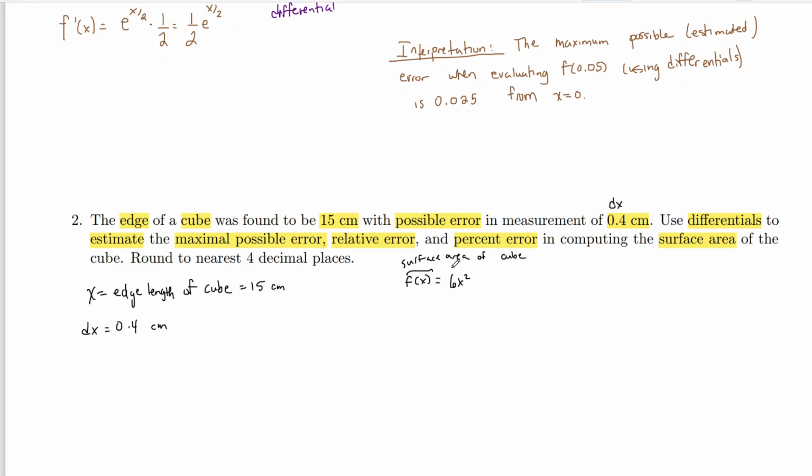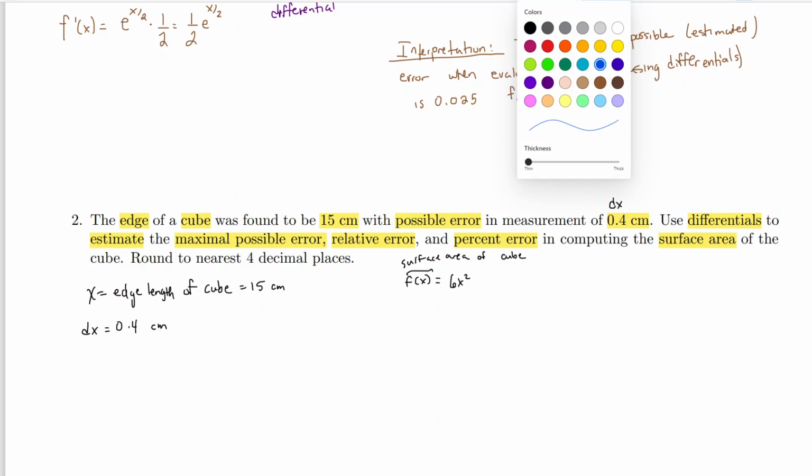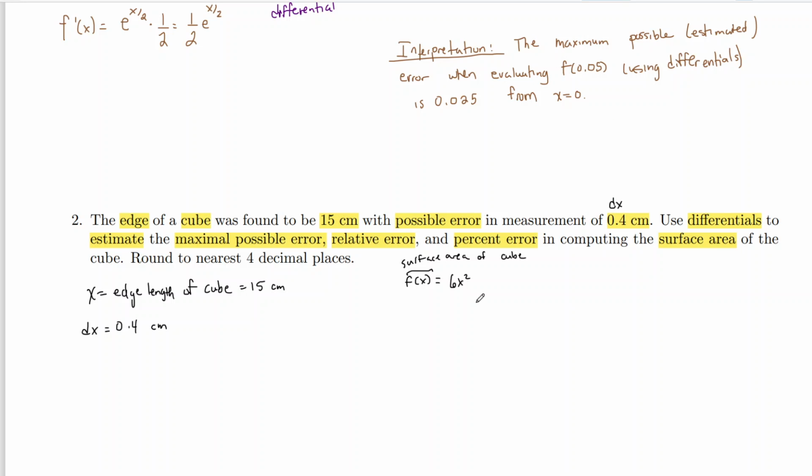The way to remember that, if you do want to help yourself remembering that, is that a cube's surface is 6 squares. The area of a square is x squared because we're using x as the length, and we have 6 of them, so it's 6x squared. All right, but what is the differential formula? The differential formula, dy, because that's what we're going to use to compute, equals f prime of x dx.